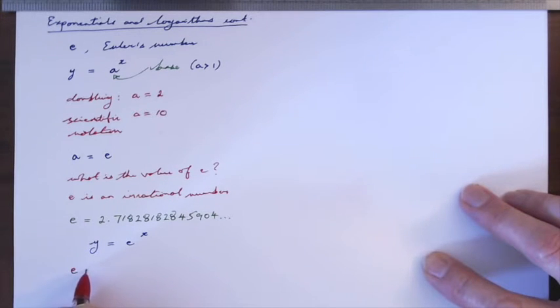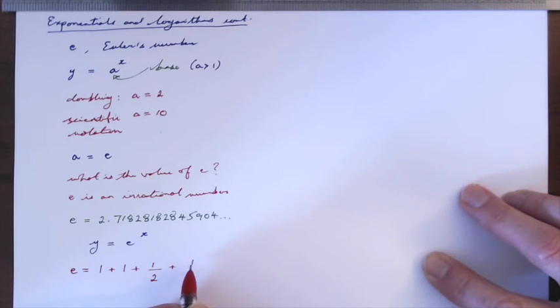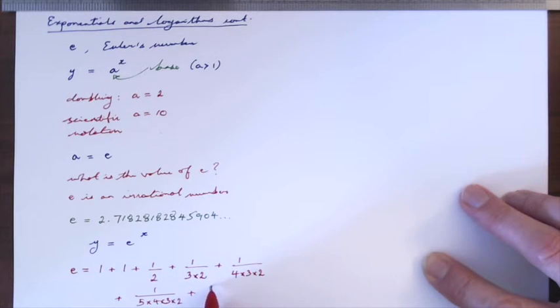You can write e equals 1 plus 1 plus 1 divided by 2 plus 1 divided by 3 times 2 plus 1 divided by 4 times 3 times 2 plus 1 divided by 5 times 4 times 3 times 2, and so on.